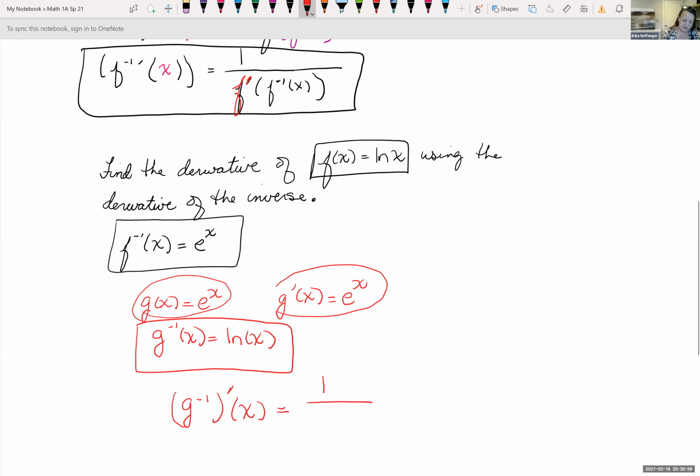And that derivative of g of x was e to the x of, so this piece right here, instead of writing x there, we have to write our inverse function. Well, our inverse function was the natural log of x.